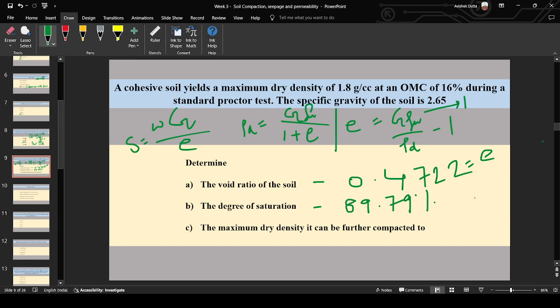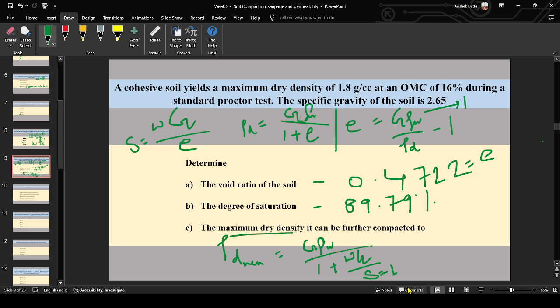Now the next one, maximum dry density. Okay, again, for rho D to be maximum, what do we know in the formula? G rho W divided by 1 plus Wg by S. For this to be maximum, S equals 1, isn't it?